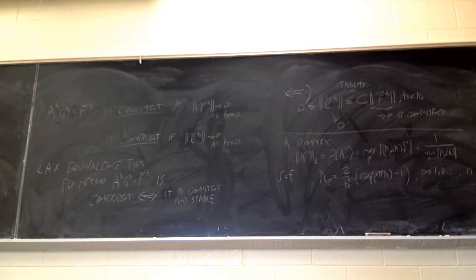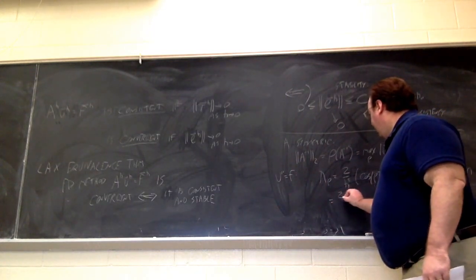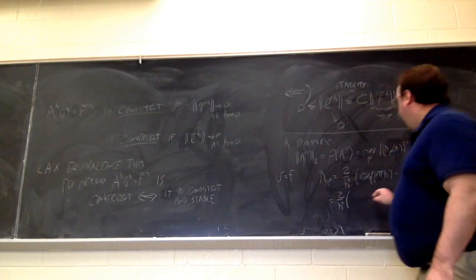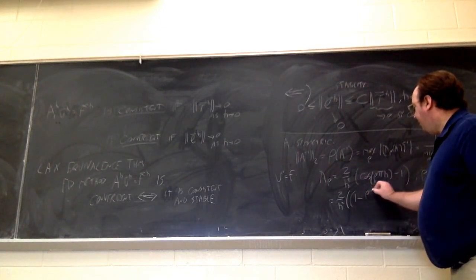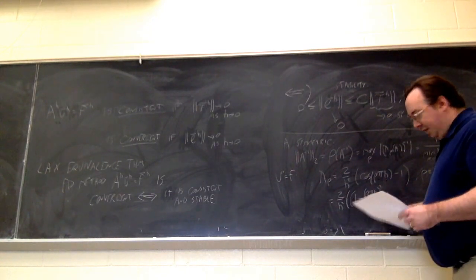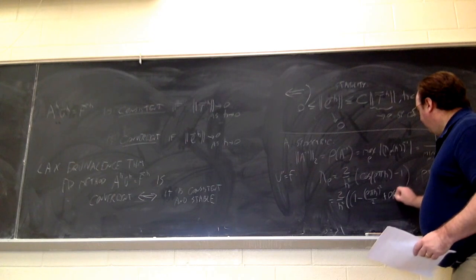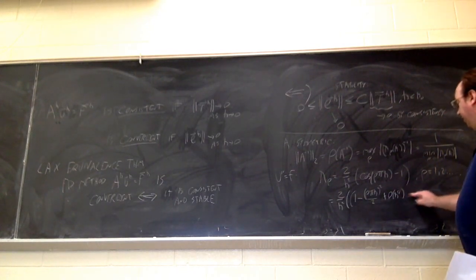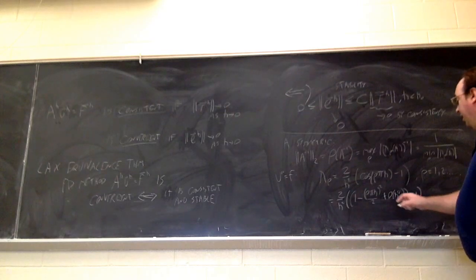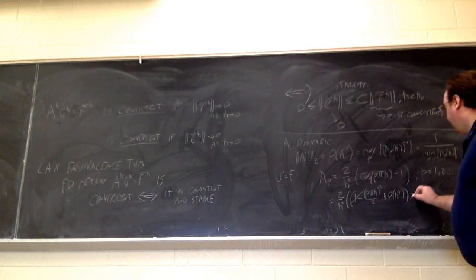Now what I can do, though, is do a Taylor expansion of cosine. So cosine is equal to 1 minus (p pi h) squared over 2 plus more terms that are order h to the 4th, and then minus 1. And the 1s will cancel.